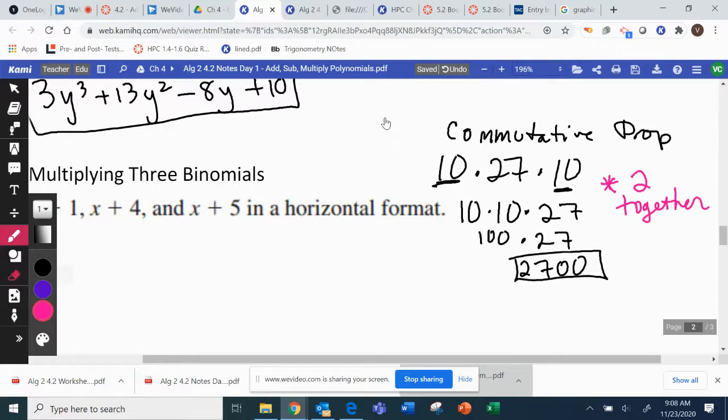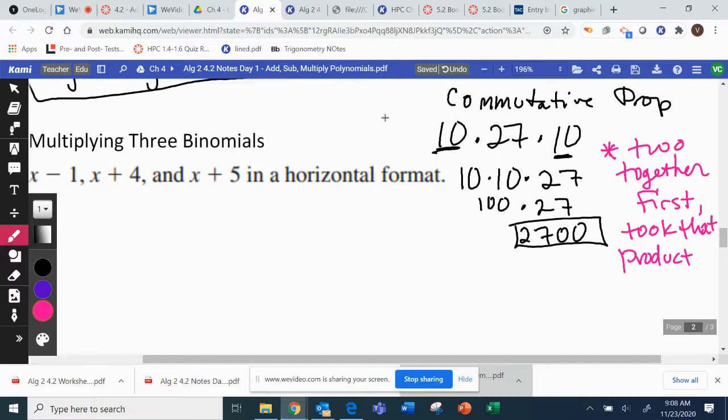I don't like the number because that makes you think there's a number there. We multiplied 2 together first, took that product, and then multiplied the third one. That's what we did.